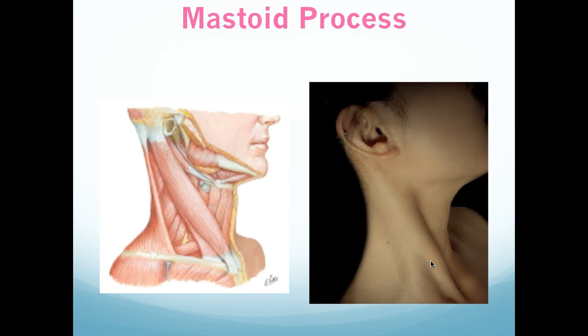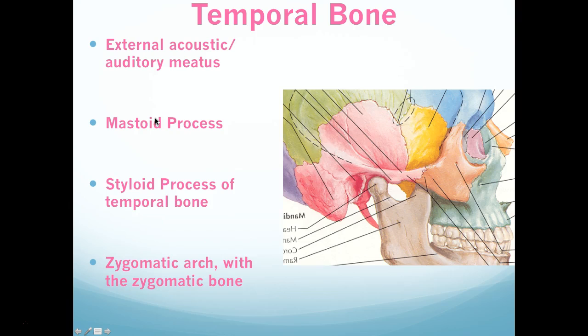Or if you turn your head from left to right or rotating, this muscle will also stand out a little bit more. We call this a sternocleidomastoid muscle because it attaches to the sternum and the clavicle, that's the cleido portion, and mastoid, of course, attaching to the mastoid process.